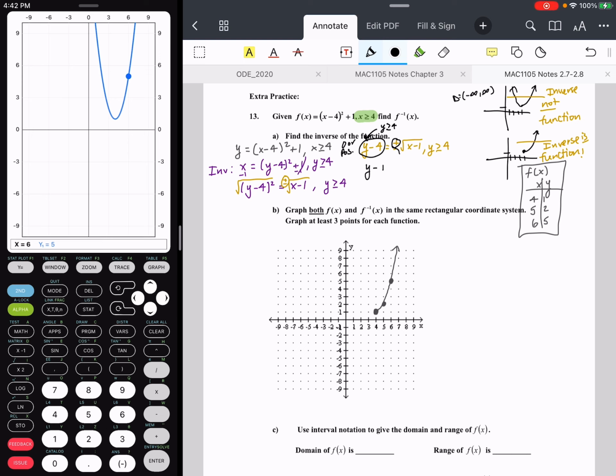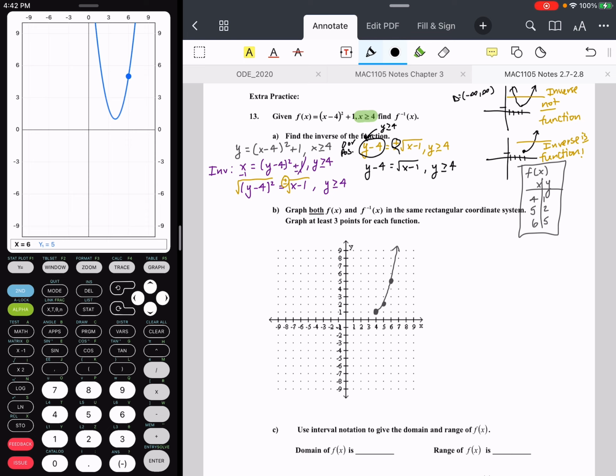So I can now rewrite this as y minus 4 equals the positive square root of x minus 1, where y is greater than or equal to 4. But now that we've gotten rid of that negative square root of x minus 1, it's actually not important that we keep in the y greater than or equal to 4, because that's going to be implied.